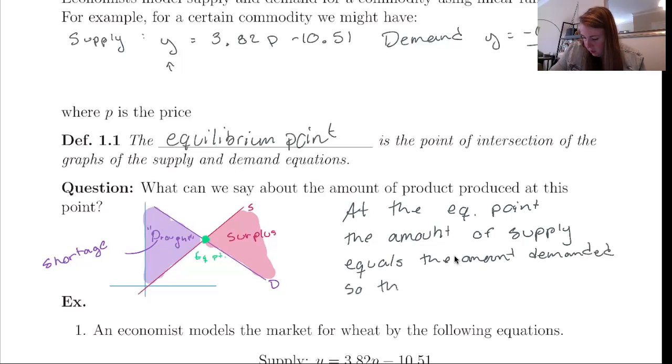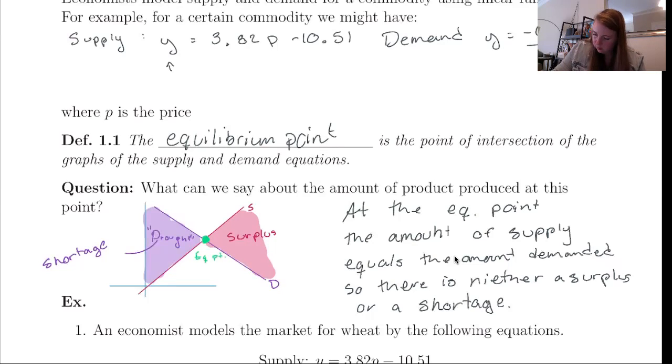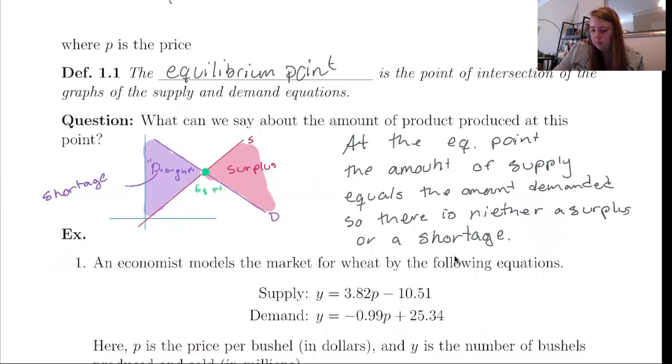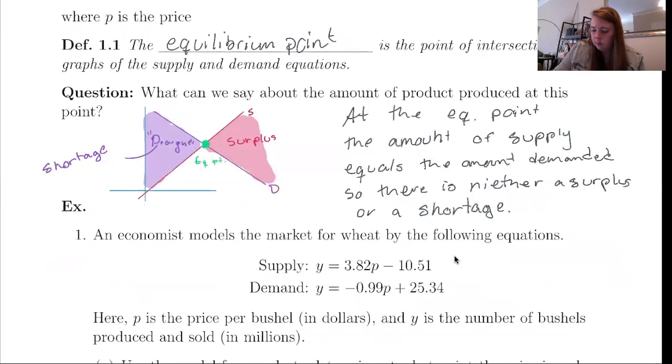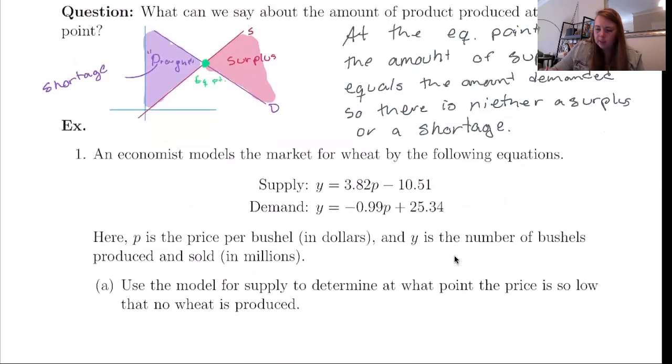So there is neither a surplus or a shortage, right? Which is good for foods, or commodities like food. Some companies like that shortage. Keeps the drive going. Anywho's.